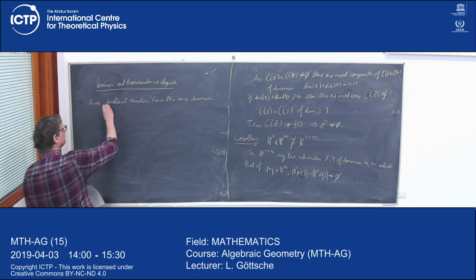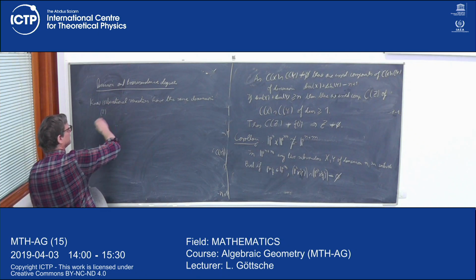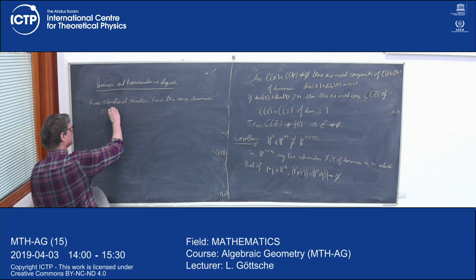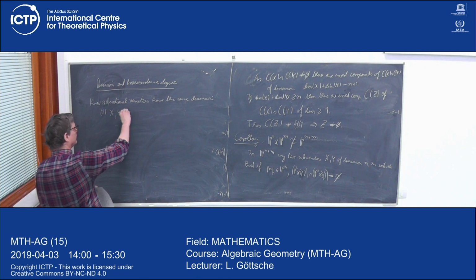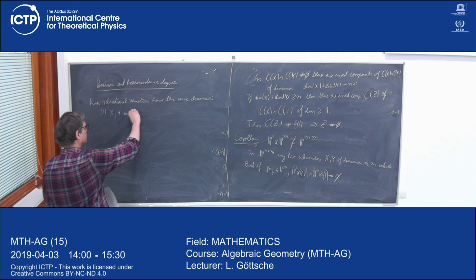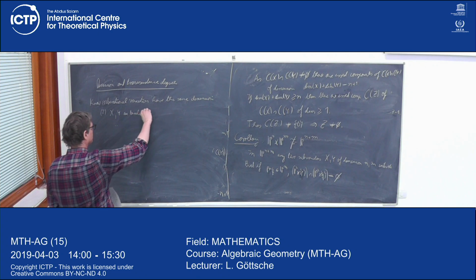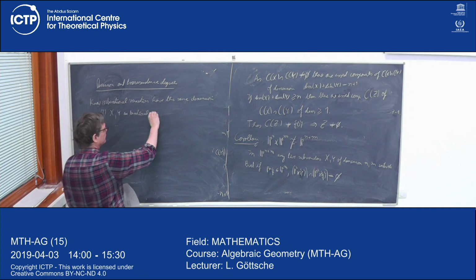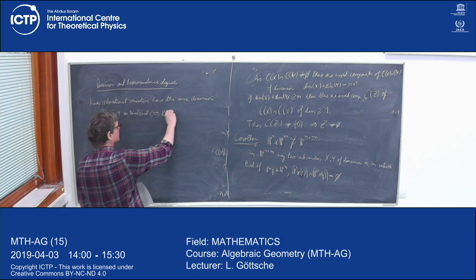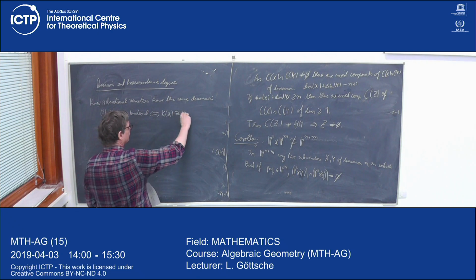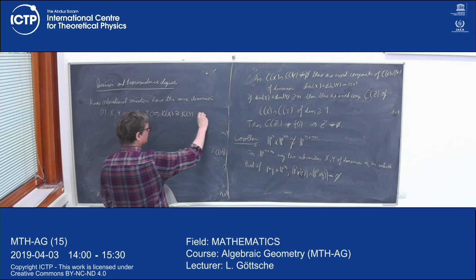And we also know that varieties x and y are birational if and only if Kx is isomorphic to Ky as k-algebras.